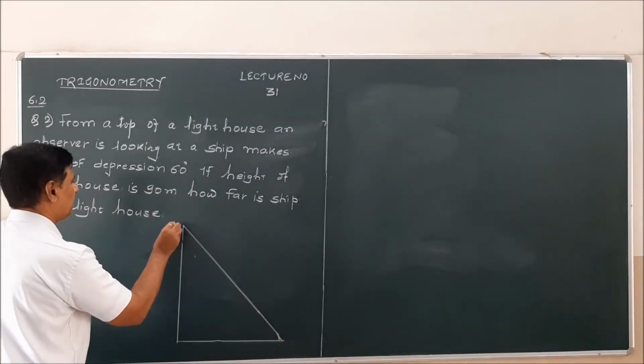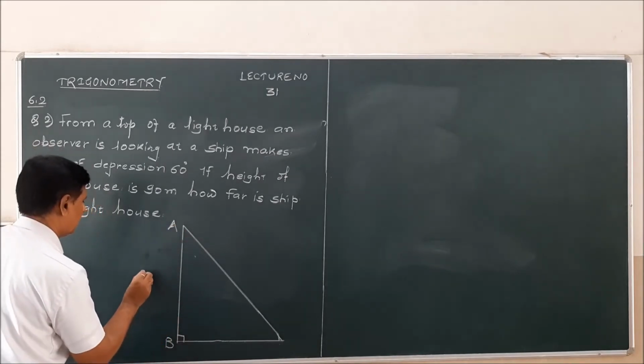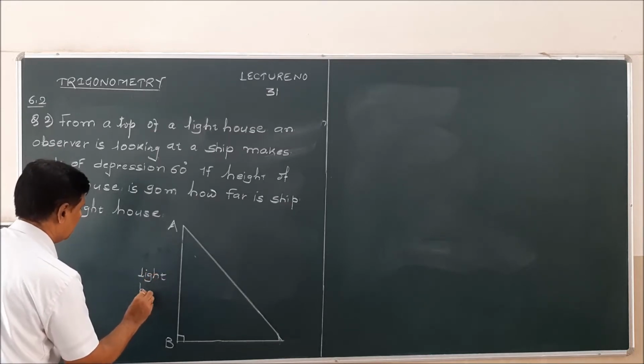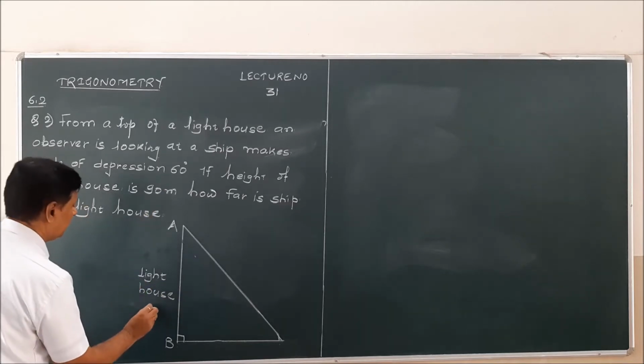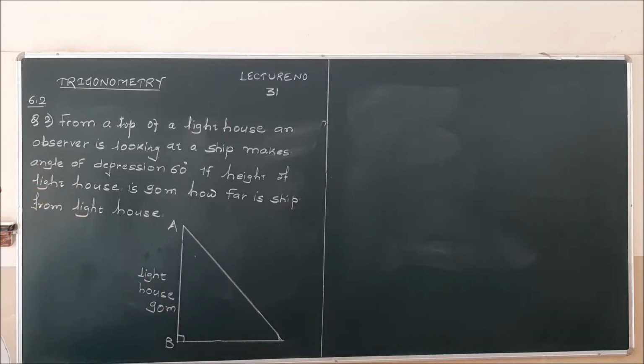Now AB is the height of the lighthouse, 90 meters, correct? Then you will find an observer is looking at a ship, makes an angle of depression of 60 degrees.